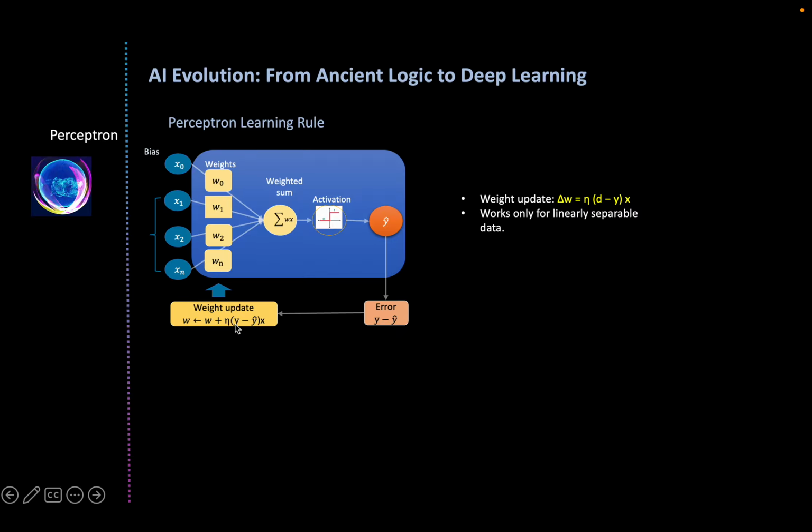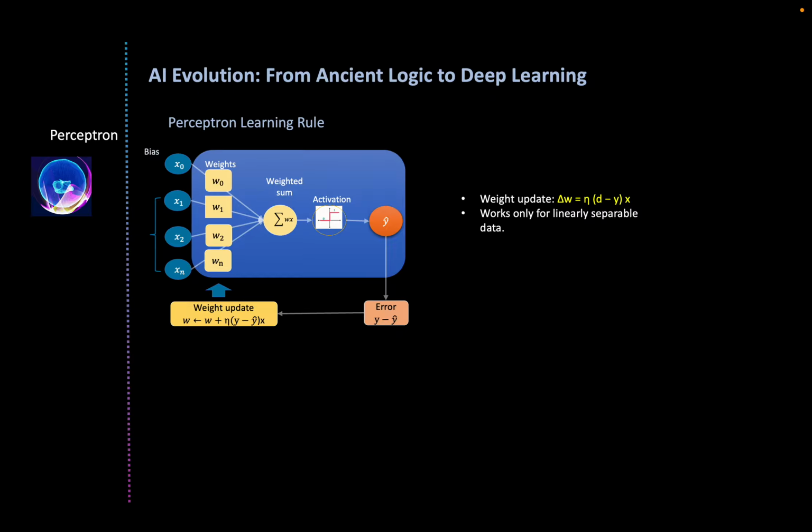This is added back to the weight vector. So how does it learn? The weight vector is updated in the next pass such that it moves towards the optimal value of the weight vector. The weights are adjusted based on the importance of those input values in predicting the output value. So this is how the perceptron learning rule works.